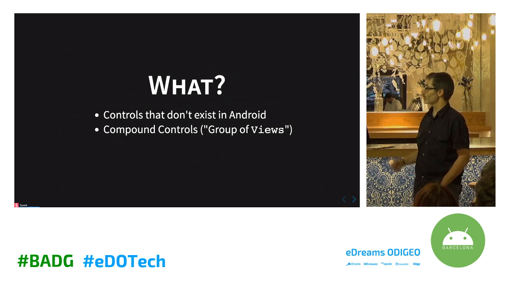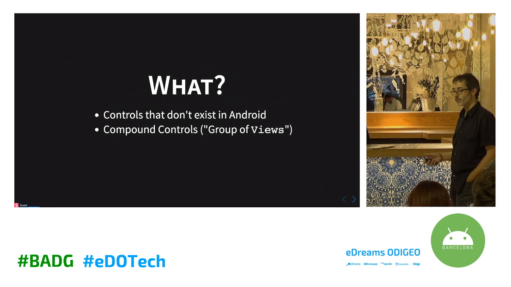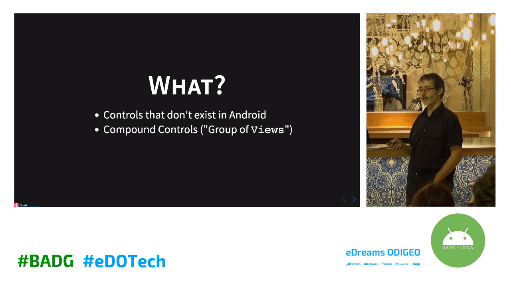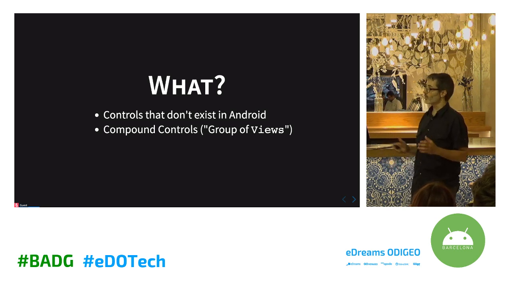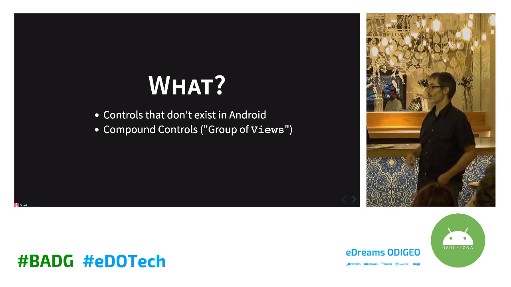One way is called compound controls. Basically, it's grouping different views like we do with an existing layout, like linear layout, like constraint layout, or any other view group that we want. And basically, what we are doing with this is encapsulating everything, providing a nice interface, allowing other developers to reuse it.